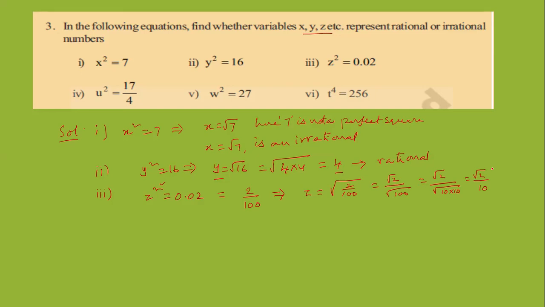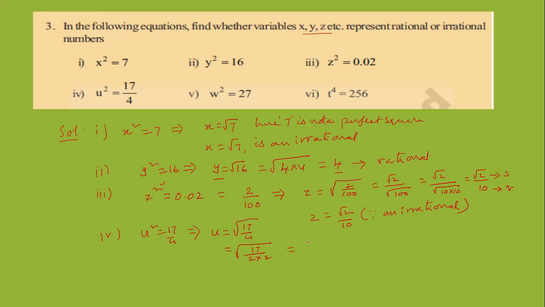Therefore, you make root 2 by 10. Here root 2 is an irrational, 10 is a rational. That means S by Q. S by Q gives z is equal to root 2 by 10. That is an irrational by rational. Hence, therefore, this is an irrational number. The z is an irrational number.